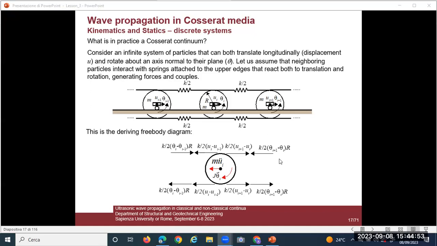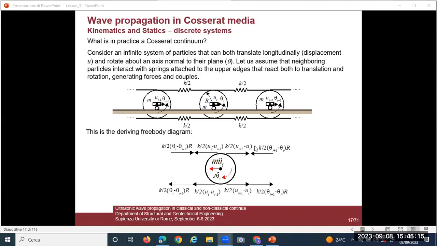This also causes the springs to stretch. So imagine an anti-clockwise rotation of this particle. This spring is stretched, and this other spring is compressed.